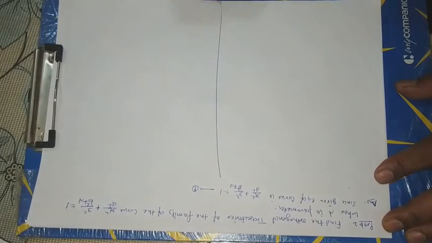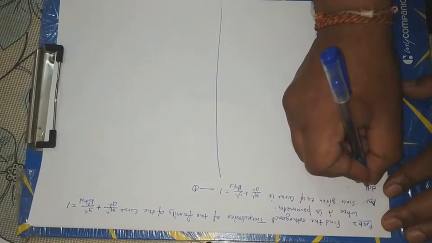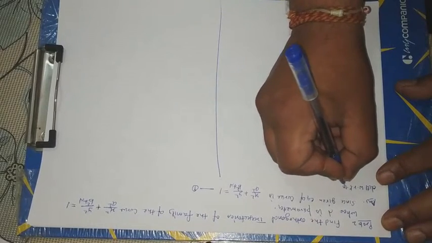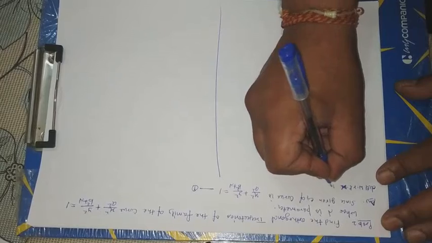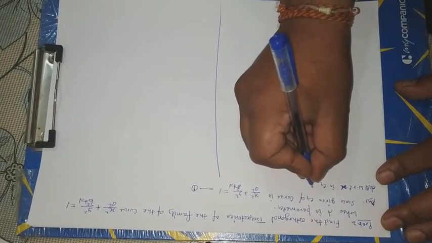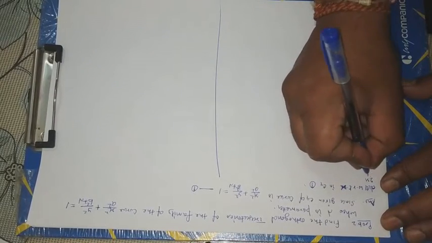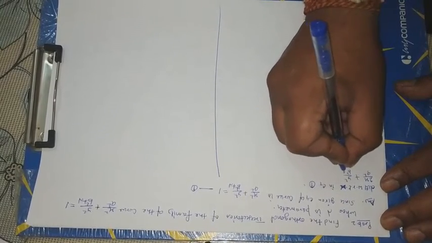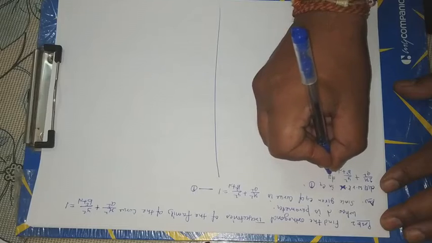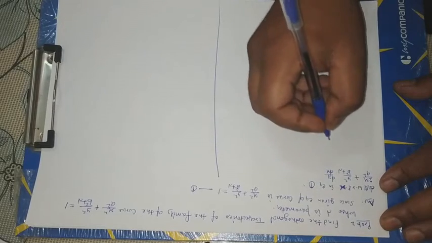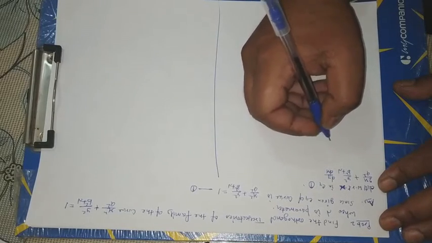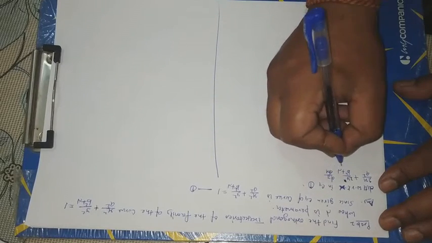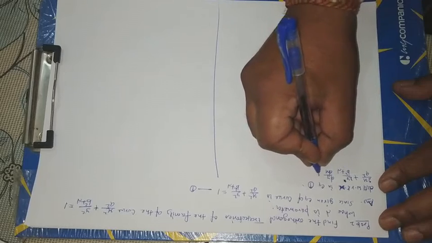That is, 2x upon a square plus y square upon b square plus lambda dy upon dx, that is, 2y upon b square plus lambda dy upon dx equal to 0.